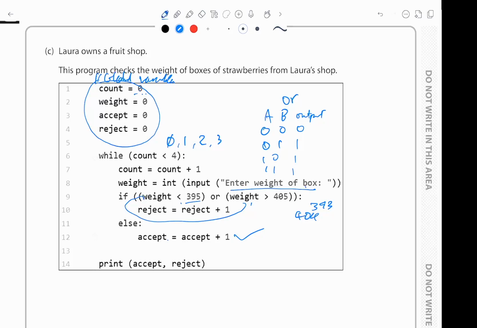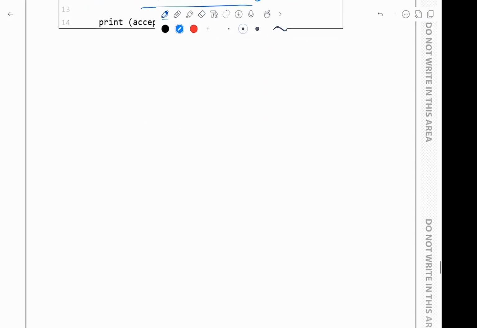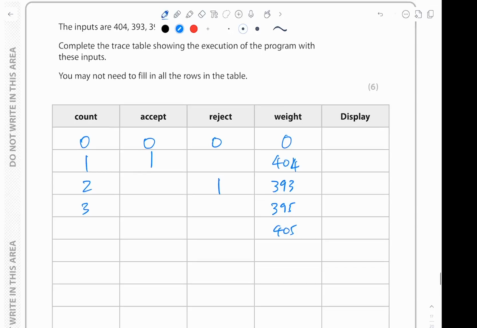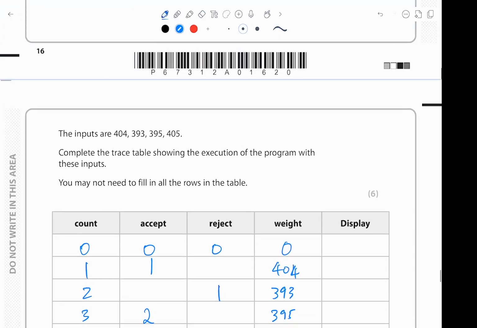So if weight is less than 395 or it's greater, well, it's neither of those, so we go to accept. So it's another accept. So now our value for accept equals 2, doesn't it?